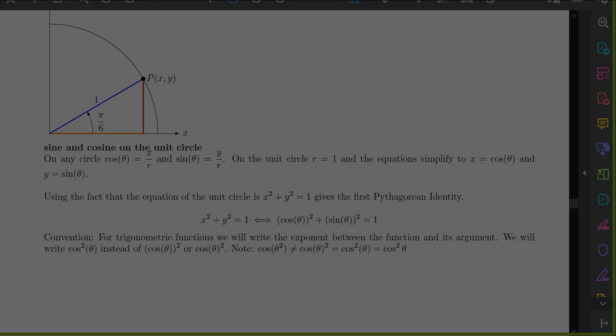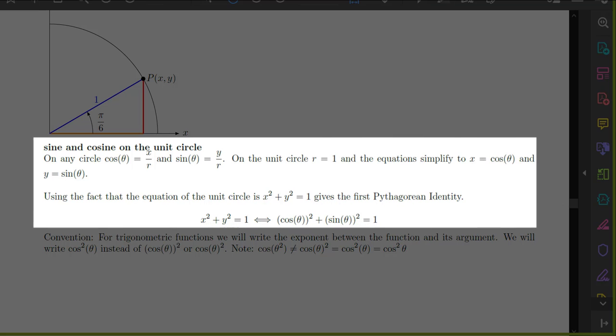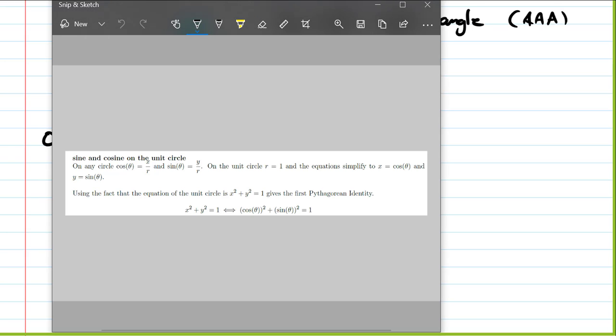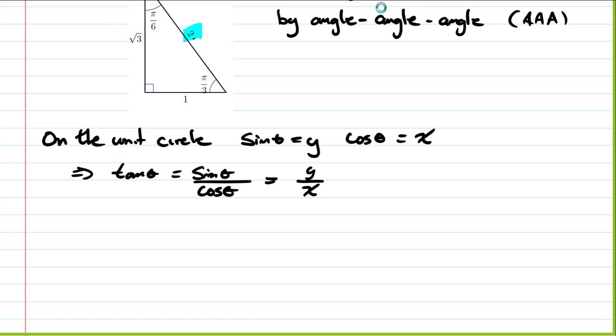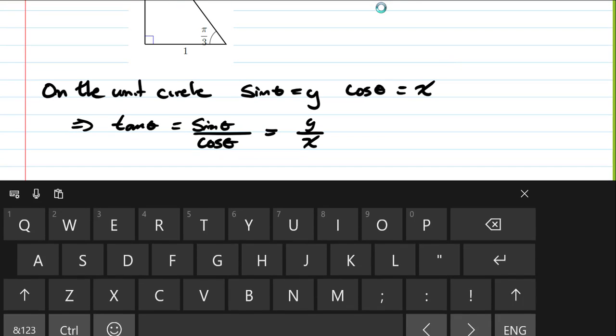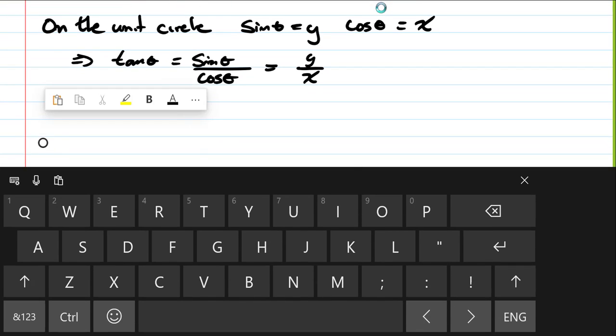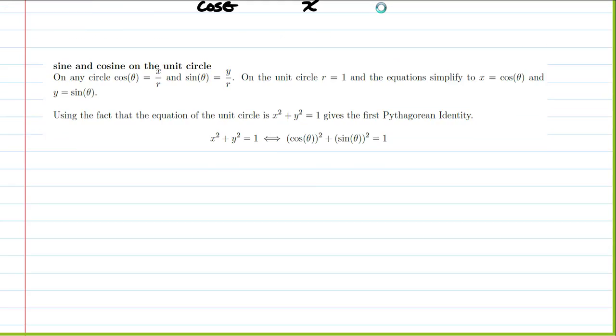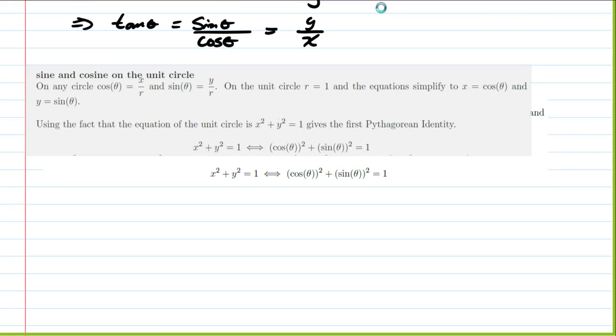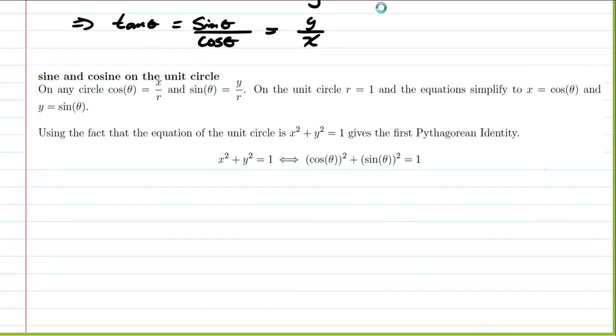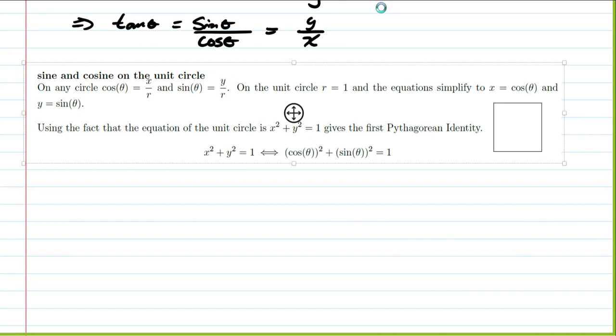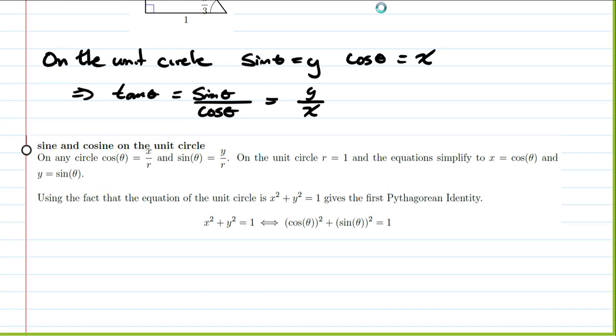So if we take these facts about sine and cosine on the unit circle and combine them with the equation of the unit circle, we're going to get our first, not necessarily our first, but the first Pythagorean identity. So basically what we just said is that cosine theta is x over r, and sine theta is y over r, but on the unit circle, r is 1.